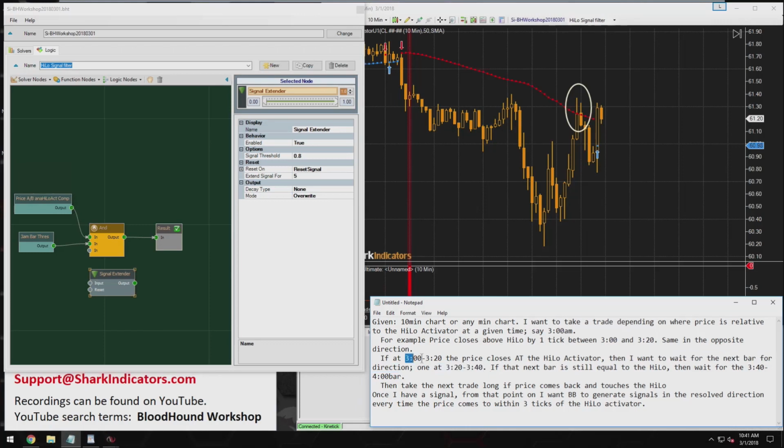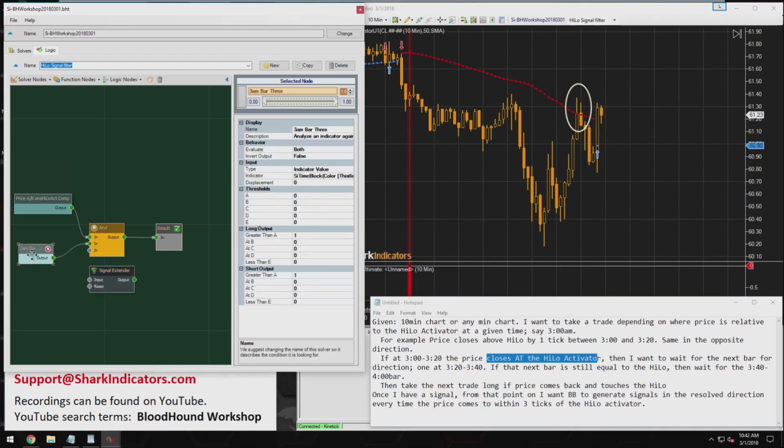So if the 3 a.m. bar closes at the high-low activator, or in other words, if price doesn't close above or below the high-low activator by that one tick, if price is right on the indicator, then we want to wait and look at the next bar, and the next bar. The signal extender is going to enable that capability.